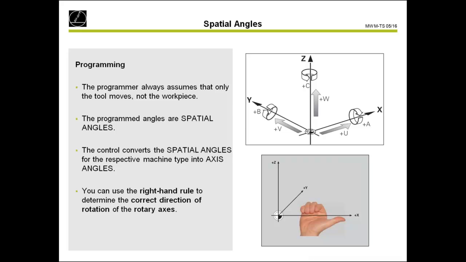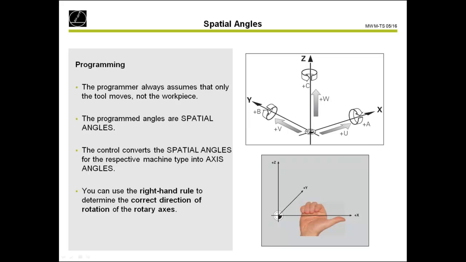Programming is easy. I just use my right-hand rule. You see it on the picture. You just take the axis, the x-axis for example, with your hand, and the thumb shows in the positive direction of the x-axis, and then the other 4 fingers show you the positive direction of the rotary axis for the spatial angles.